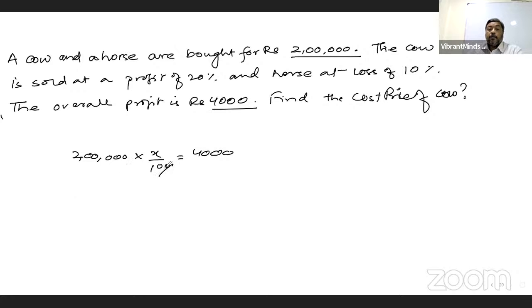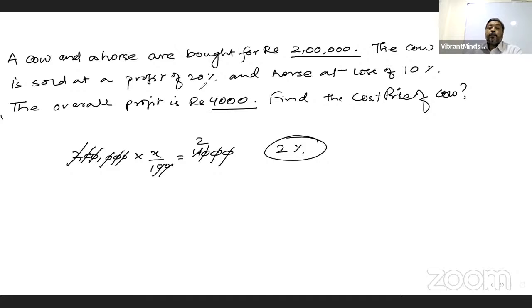So what will I get? 3 zeros here, 3 zeros here, 2 says 2%. So overall profit is 2%.